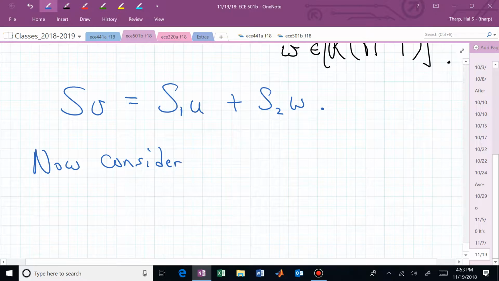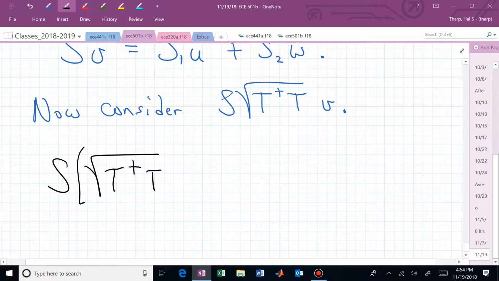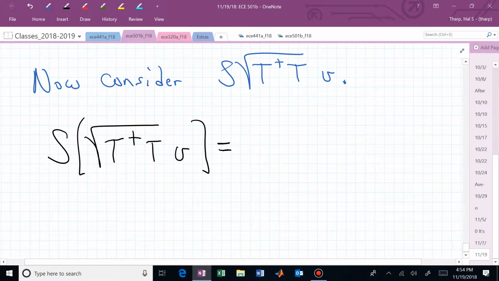So now consider S applied to the square root of T dagger T applied to v. That's what we want to be our polar decomposition of this original map T. Now where is that vector?